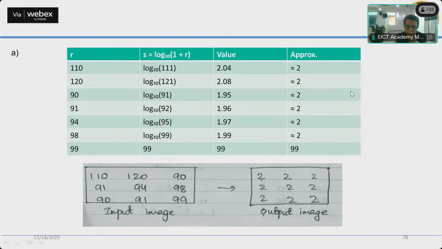Can you find out the problem? Or is it absolutely correct? Can you find out whether this solution is absolutely correct or is there anywhere a problem? If it's not 99, so what will be the value here?